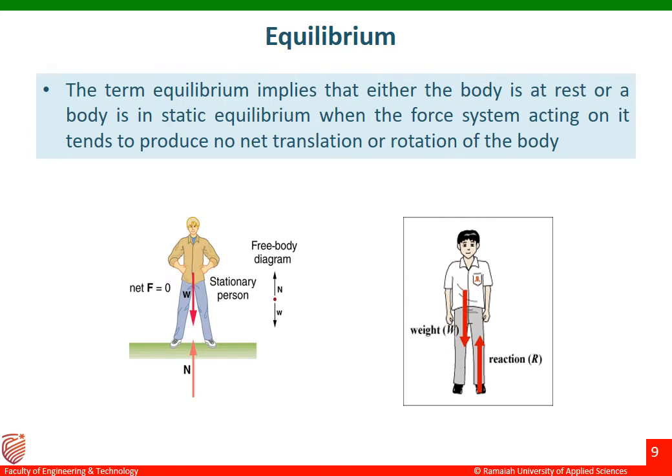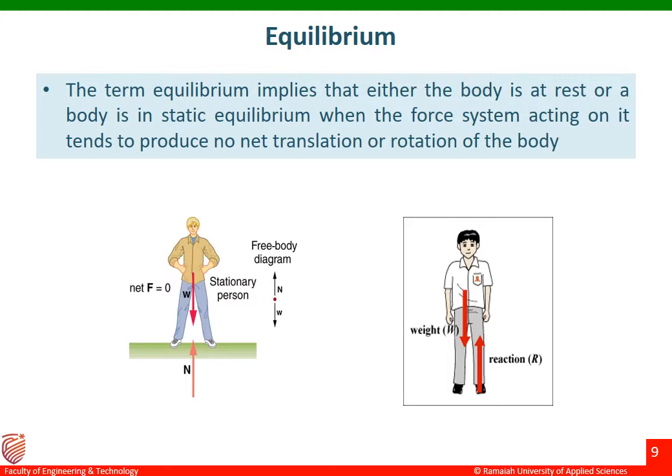Next one is equilibrium. What do you mean by equilibrium? The term equilibrium implies that either the body is at rest or the body is in static equilibrium when the force system acting on it tends to produce no net translation or rotation of the body.